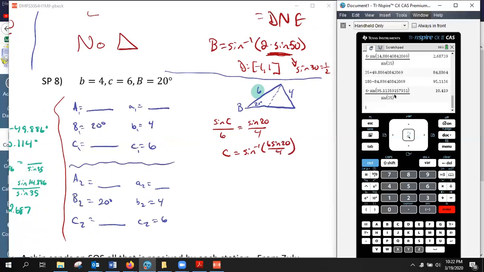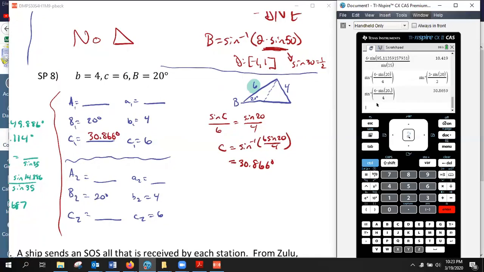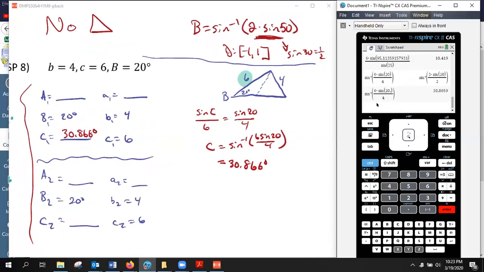Throw that into the calculator: inverse sine of 6 sine 20, and divide that by 4. I forgot to put a decimal point. So my first C is going to be 30.866 degrees. So that's my C1.